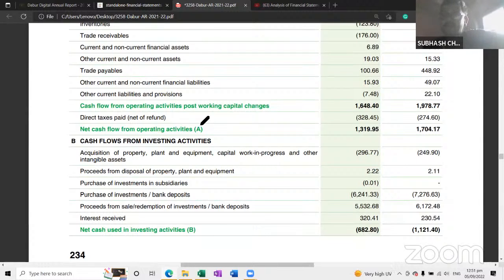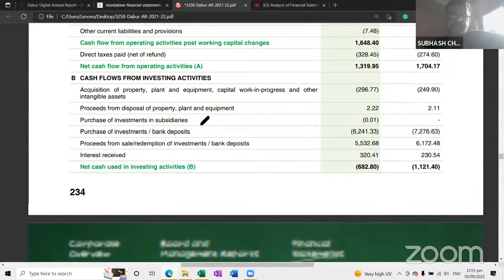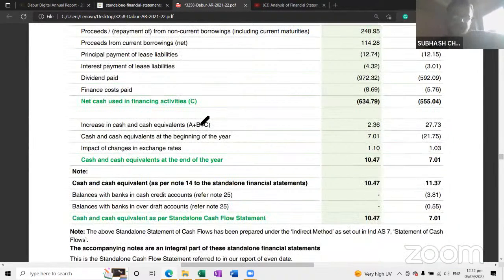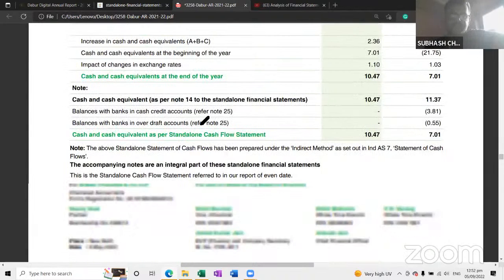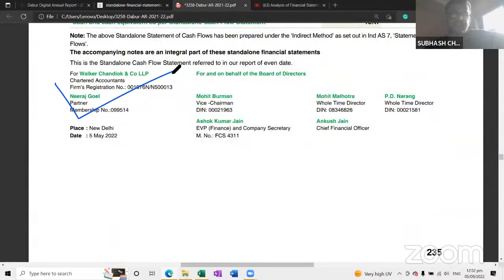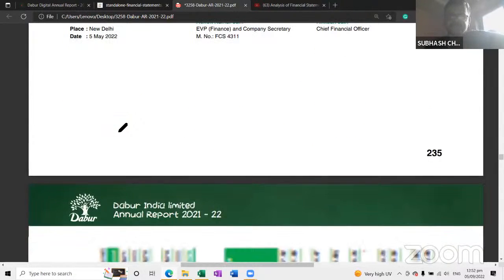That's why it will never tally, because depreciation, accrued expenses and outstanding payables are considered in your P&L, but here we don't consider them. That's why cash flow is very important to know the actual position, how much cash balance you actually hold. And every time you can find the chartered accountants' firm registration number, the partner's number, everything is there.